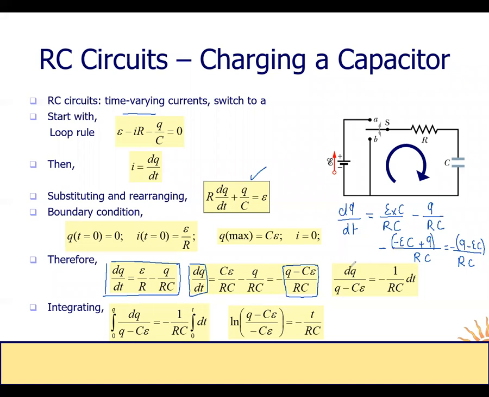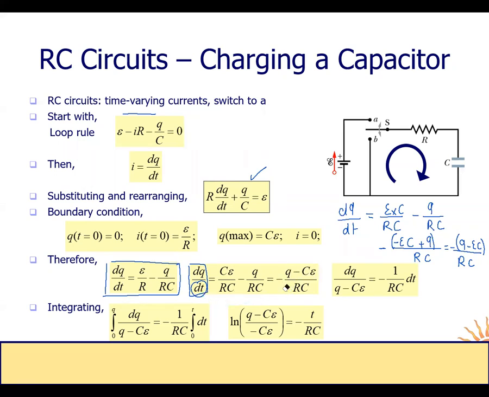The goal here is to put dq divided by Q minus CE at this side. Okay, so what we have to do, we put this term down here, and dt we put it up.